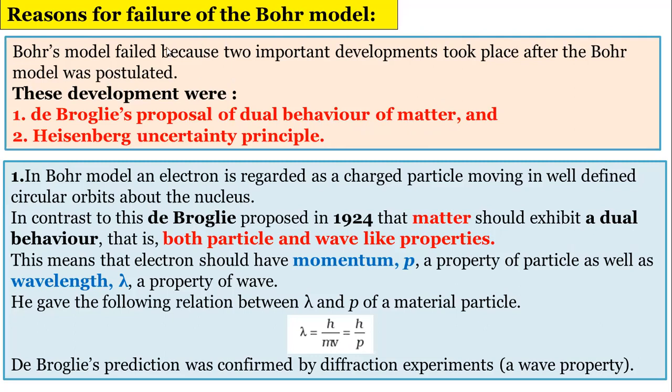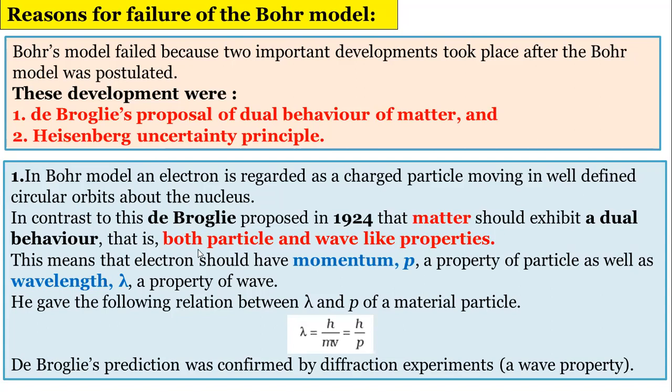When Bohr proposed his model, these developments came out after it, and because of these developments, Bohr's model failed. The second reason is the Heisenberg uncertainty principle.